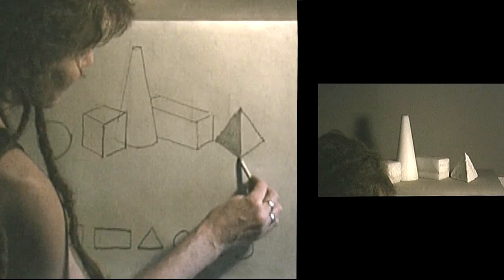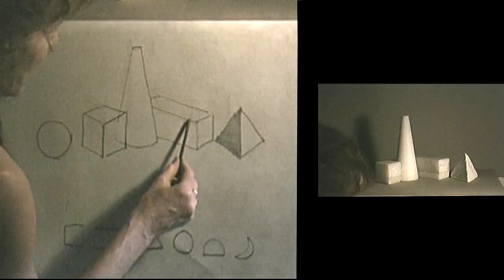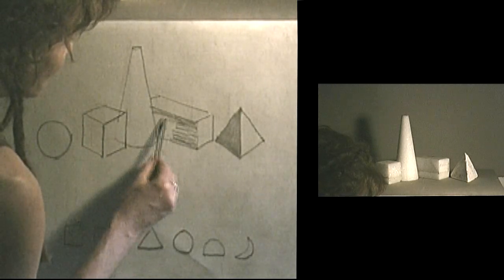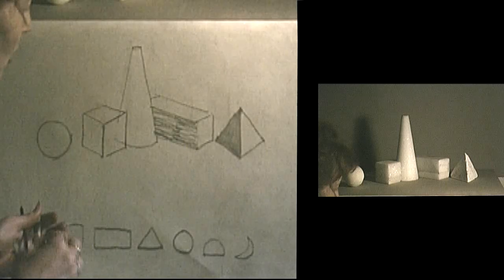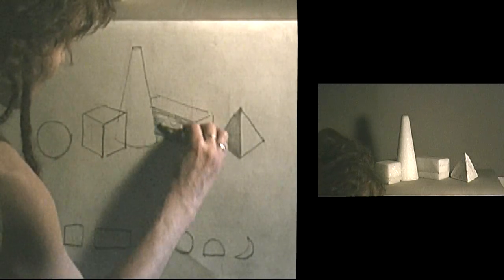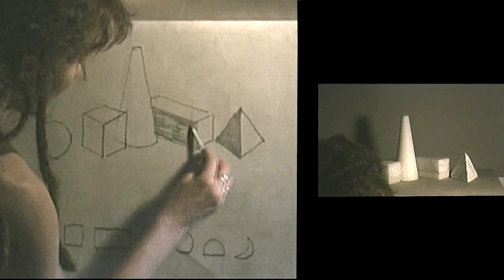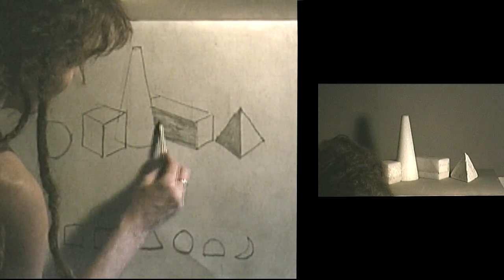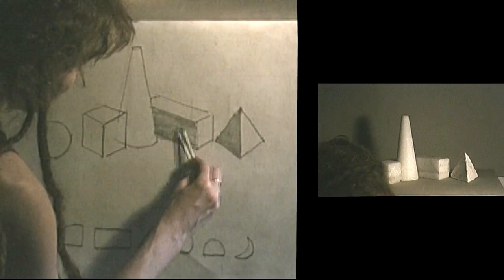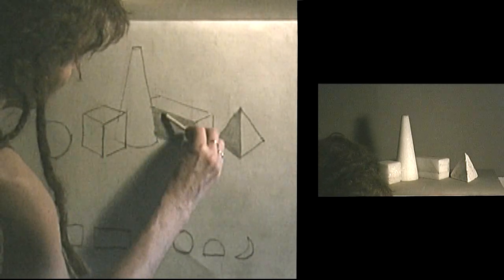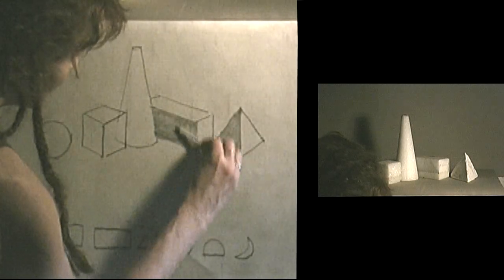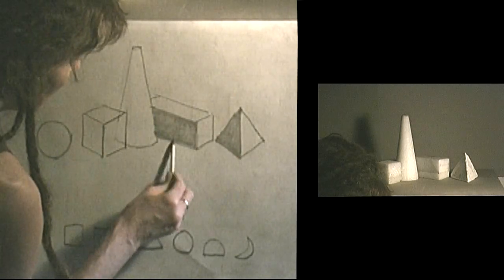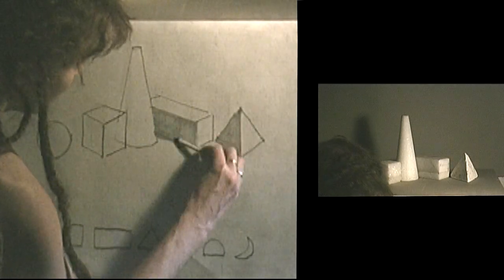Now we carefully put in our lines, but now we're going to hide them. So I start filling this in partially. Don't want to go too dark, but I need to go a bit darker than the paper. Now carefully blend all these lines together. Get a nice smooth plane. When you're blending, sometimes you have to go left and right, up and down, back and forth, in circles. Try and hide those lines, make them part of the shadow. Get it nice and smooth.